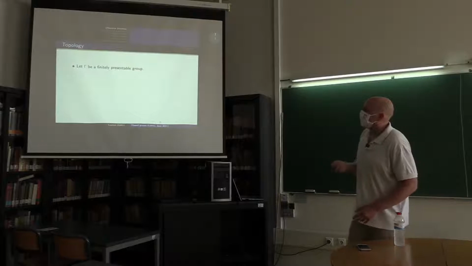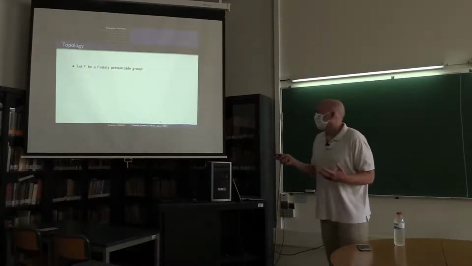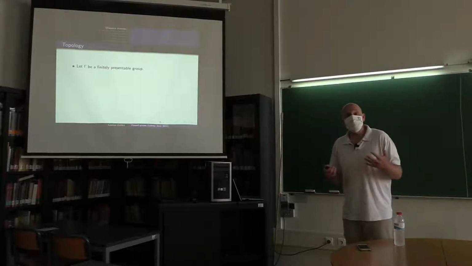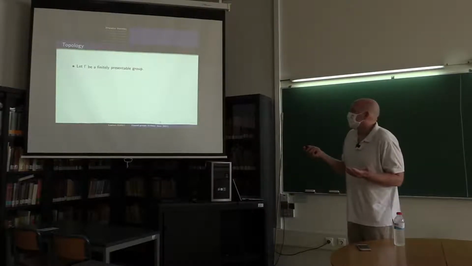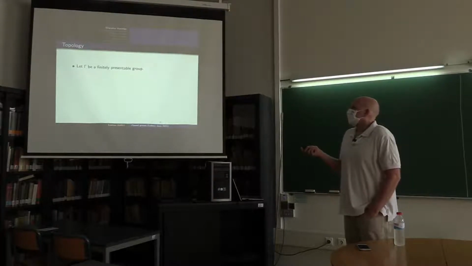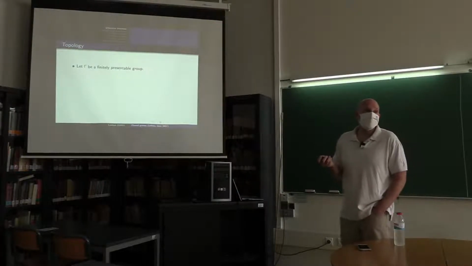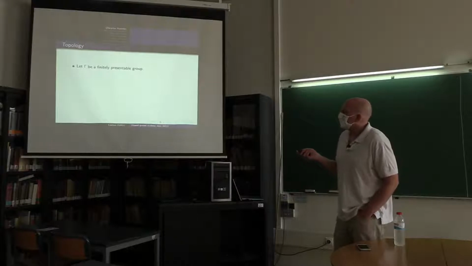Okay, so the first ingredient to define a character variety I think of as a topological ingredient, and it's a finitely presentable group. I usually think of it as a topological ingredient because often enough it arises as a fundamental group of a compact manifold or orbifold.